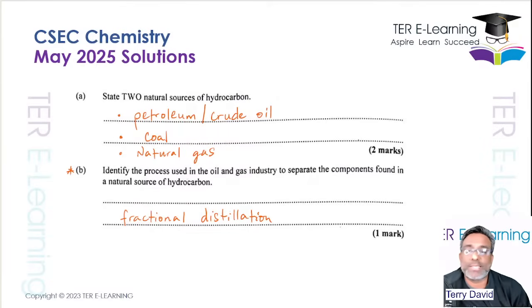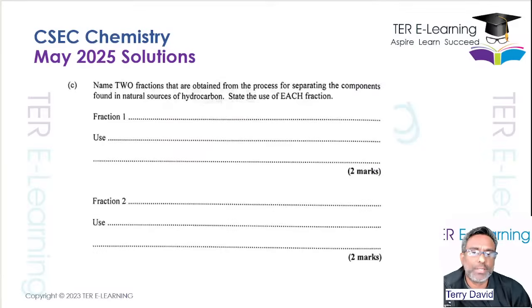So that's that, fractional distillation. The next thing here, they want us to name two fractions that are obtained from the process of separating the components found in the natural source.